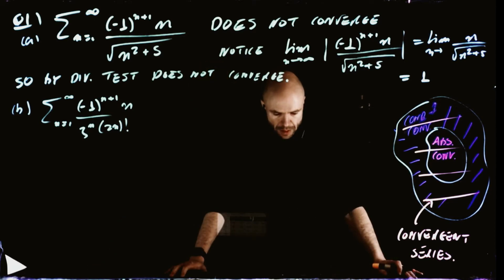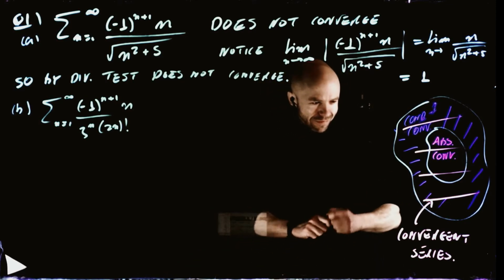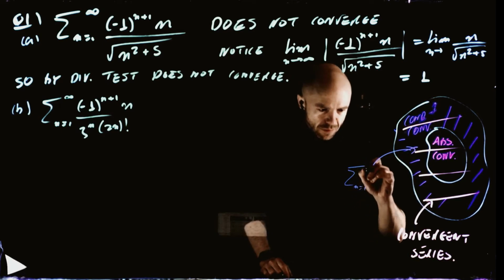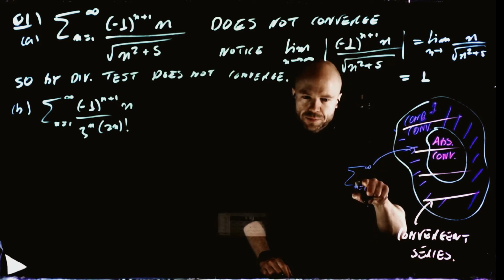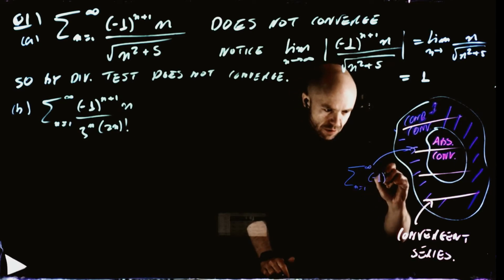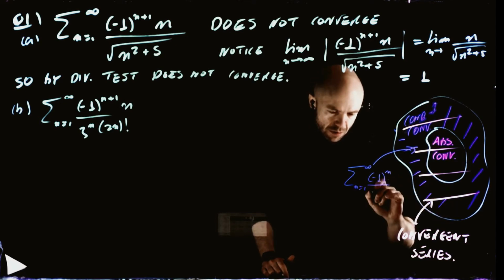Excellent, good. Now, can you think of an example of such an alternating series? What about this? Is the blue visible for you? Is it okay? Okay.